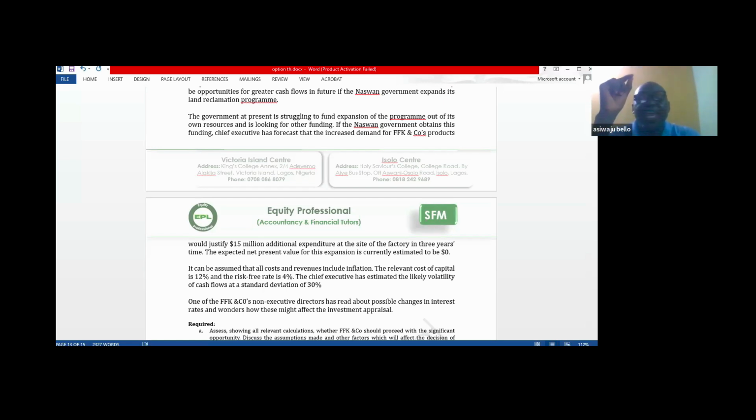One of FFK and Co.'s non-executive directors has read about possible changes in interest rates and wonders how this might affect the investment appraisal.